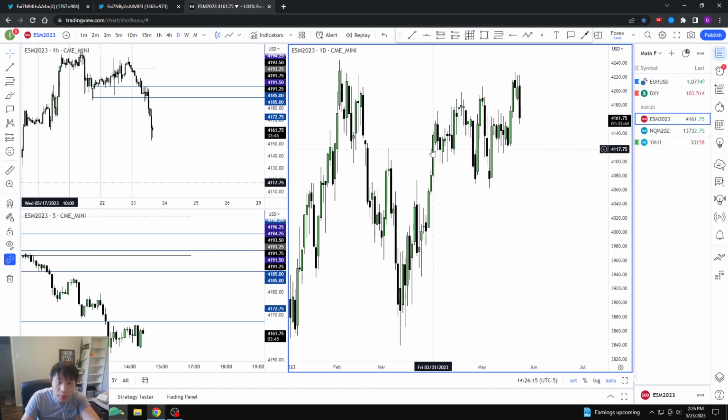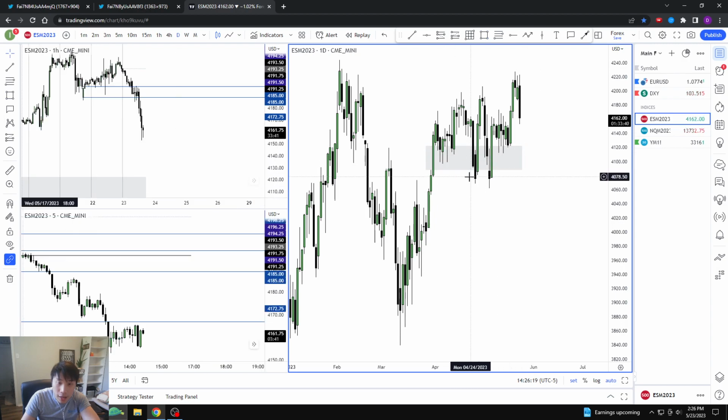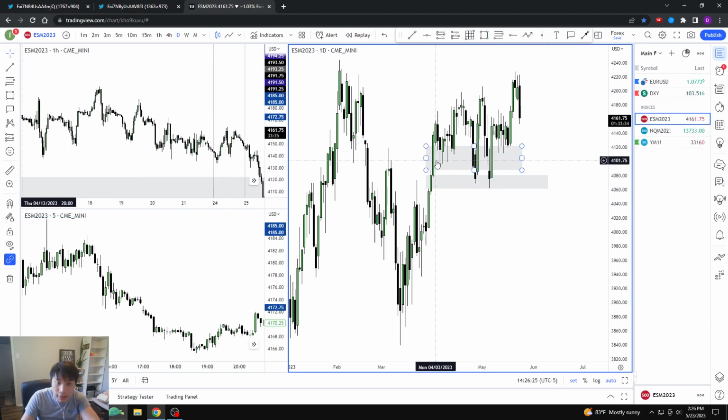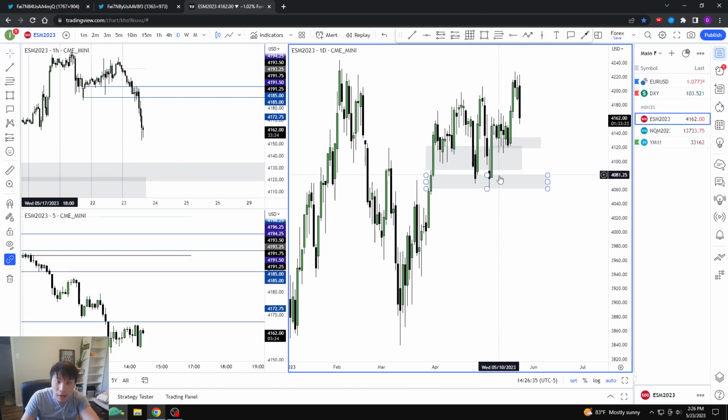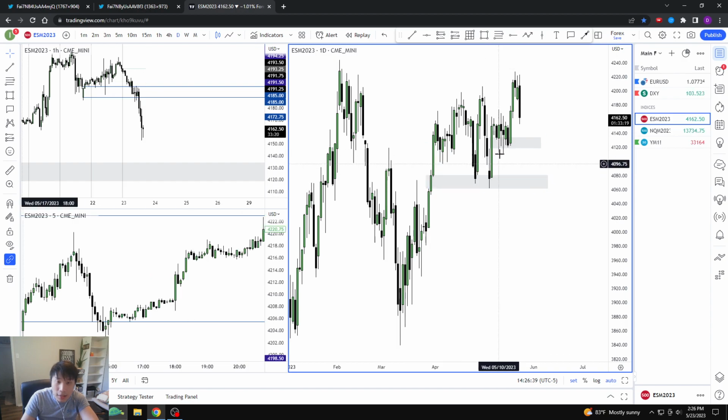So I see this bullish move. I see the fair value gap is being violated, but there's one down here. I see sell side liquidity taken, buy side liquidity taken, sell side liquidity taken. Very, very ugly price delivery here. And then there's another fair value gap that's created after this sell side liquidity been taken.